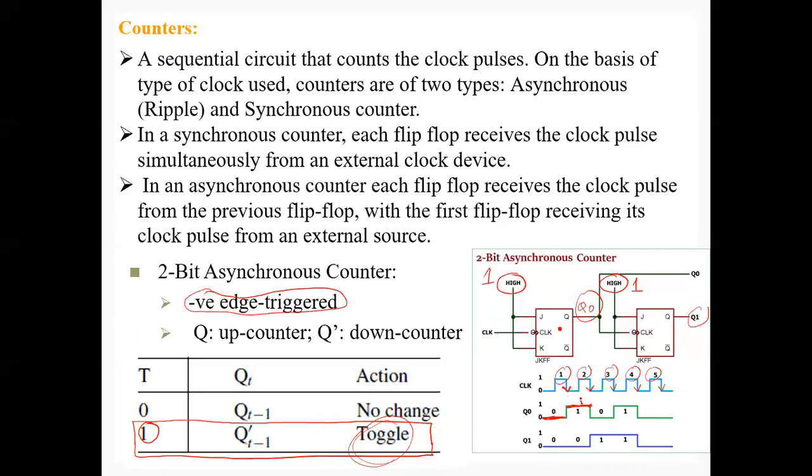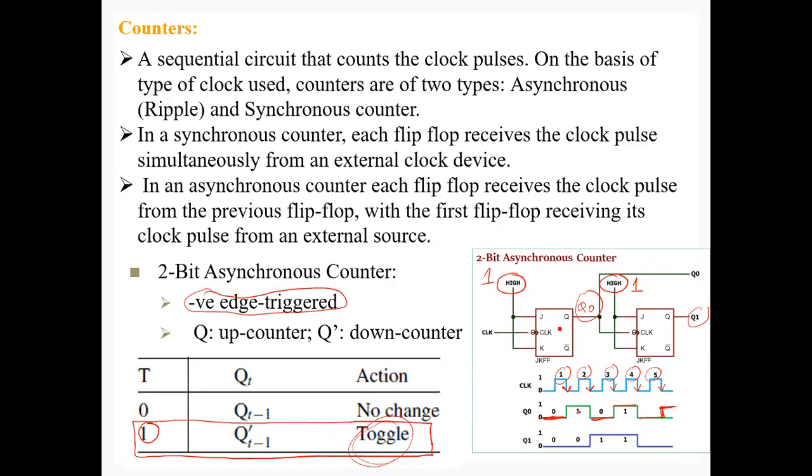We have 1, so when it toggles, it gets 0 here. Up to here you get 0. Then you get a negative edge again, you get 1. The negative edge again, you get 0. Then here you get toggle again. Like that.